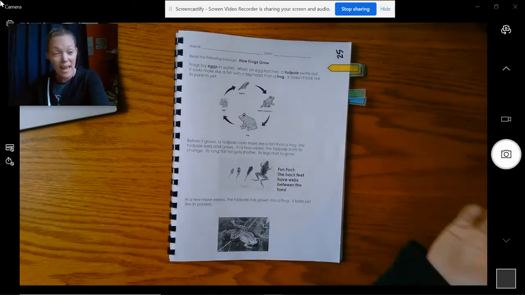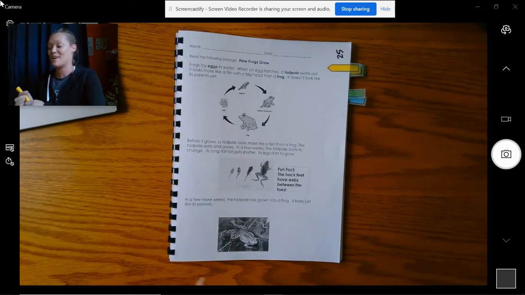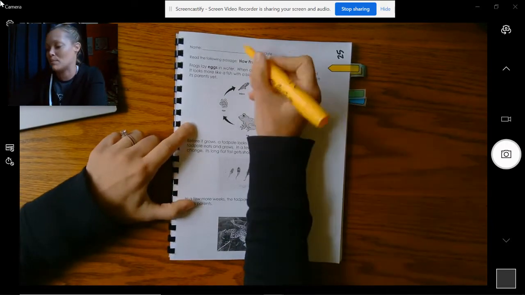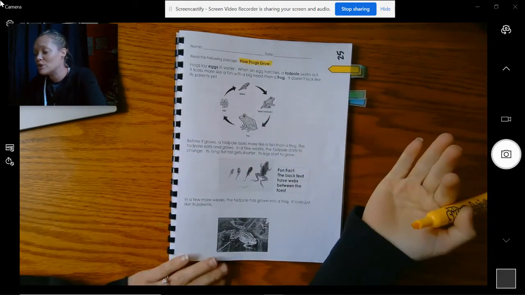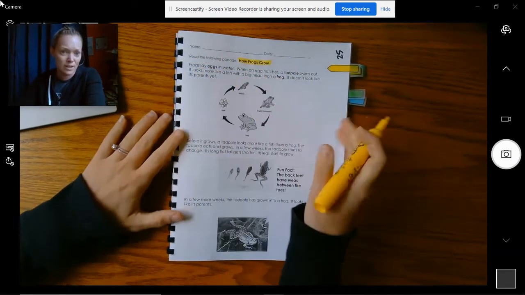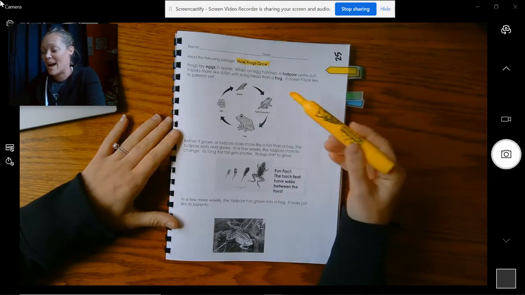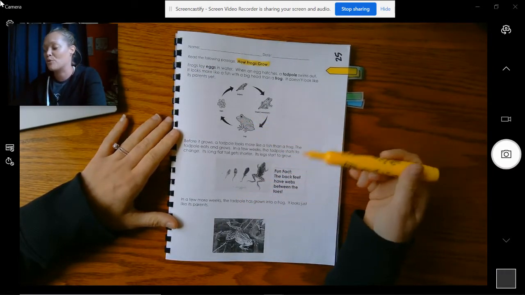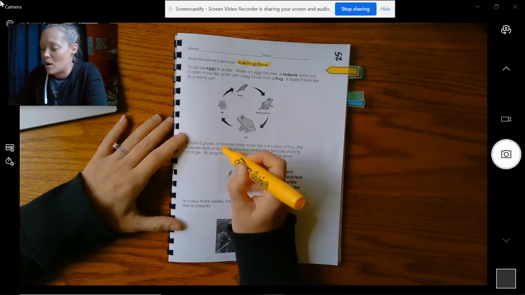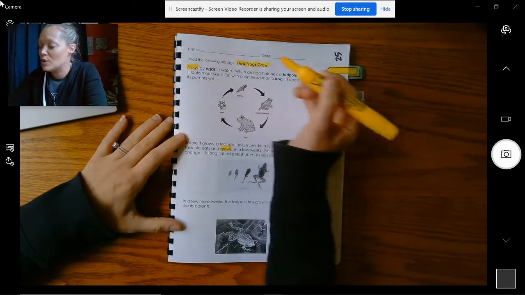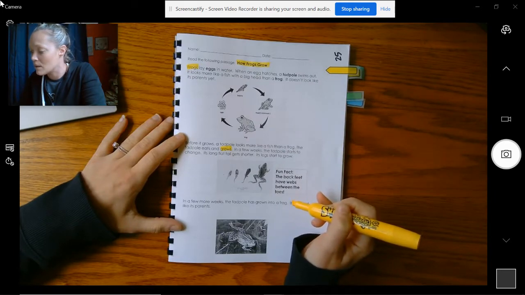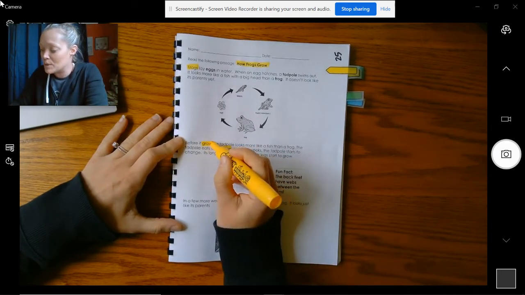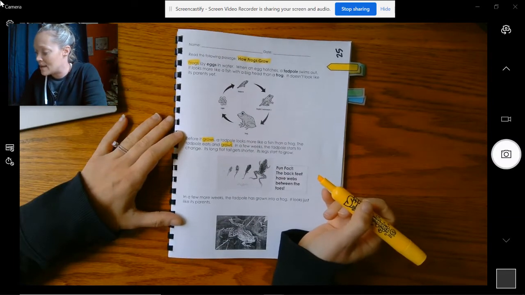Now, almost everyone got the main topic. What's really cool is the title basically tells you the main topic, how frogs grow. And then you'll notice, and I saw some of you highlight all the times you saw the word frog, all the times you saw the word grows.